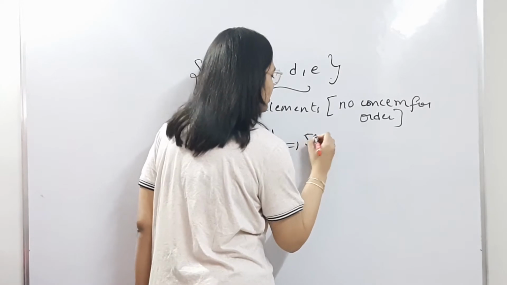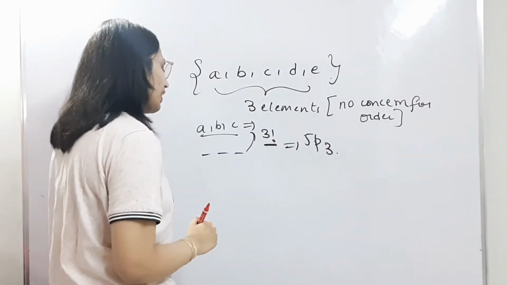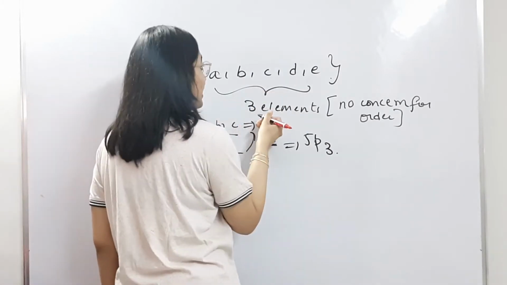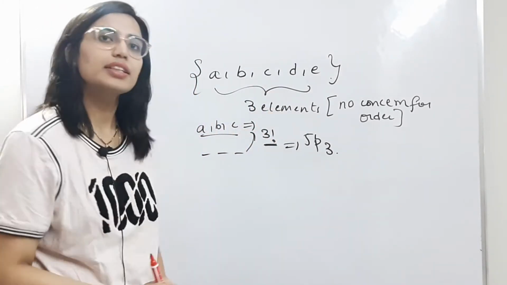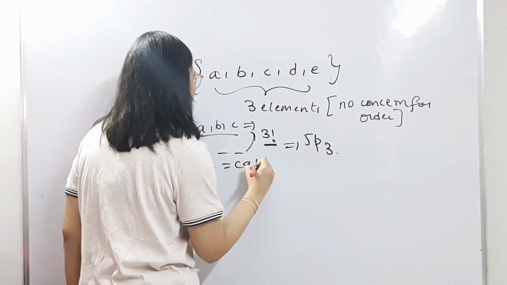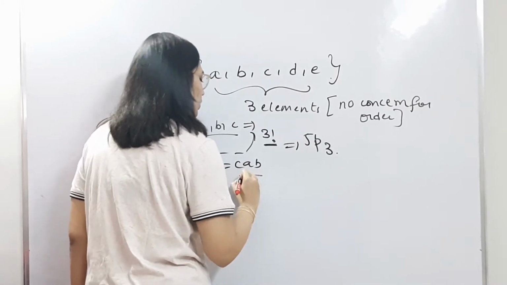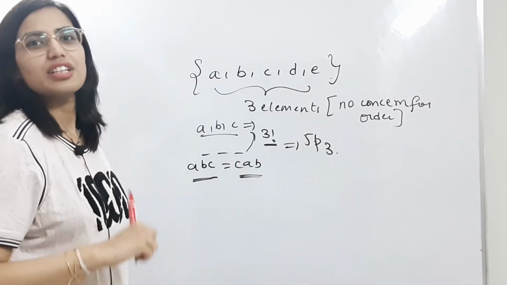We know that is denoted by 5P3, right? But here we are saying that we don't want order. We are not concerned about order. That means here we are saying ABC is equal to CAB. For us, these two are still the same. That is where combination comes into the picture.